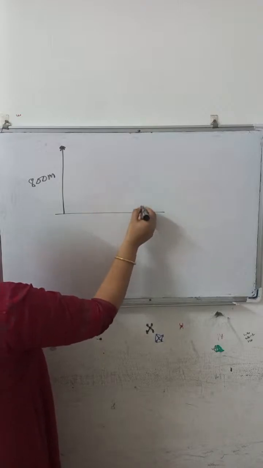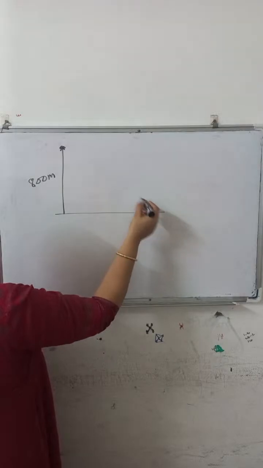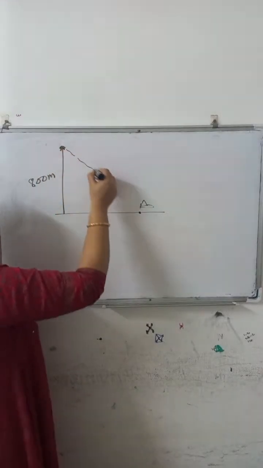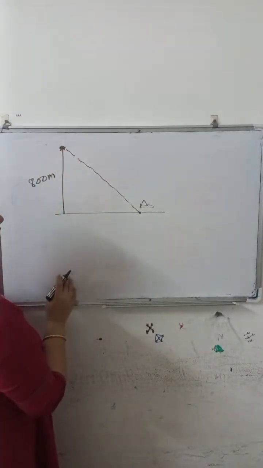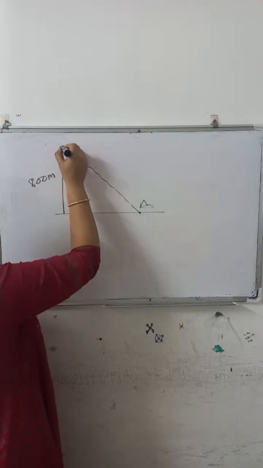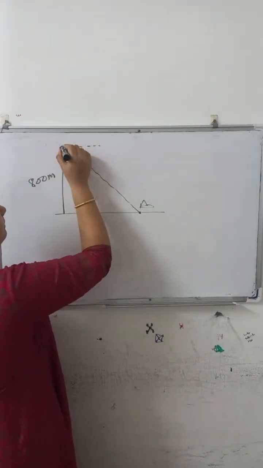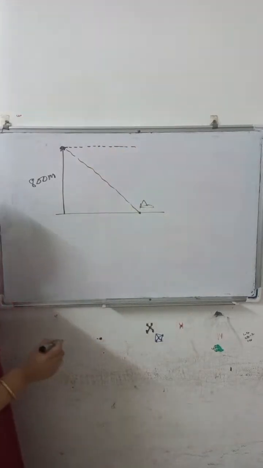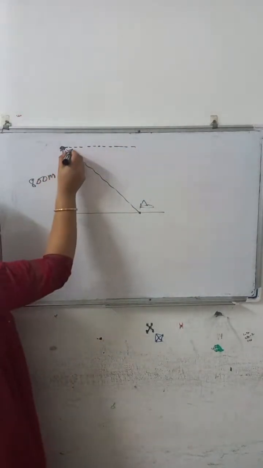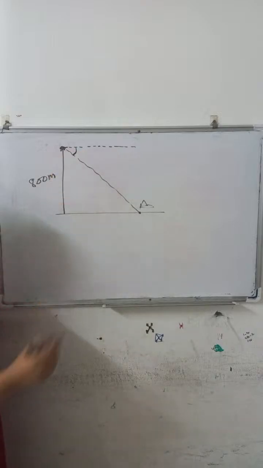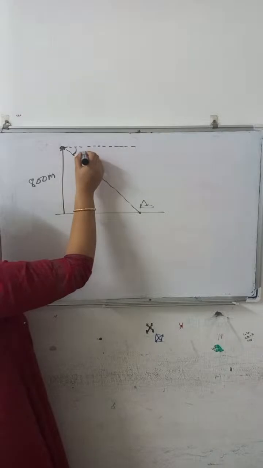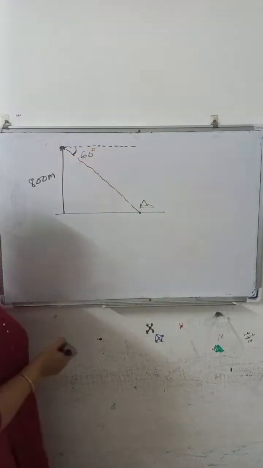From the top to this point he observed that. So they are saying angle of depression. Whenever the person is at certain height, then its line of sight is this. With this line of sight it makes an angle, 60 degrees.